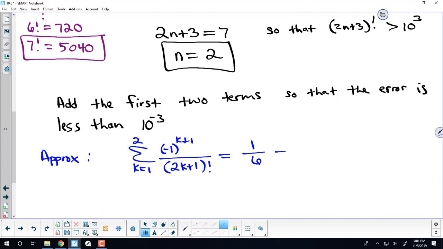Second term is negative 1 over 5 factorial. So we add up the first 2 terms to get an approximation of that infinite series to a degree less than 10 to the negative 3. And that value, the approximation, is 0.1583333.